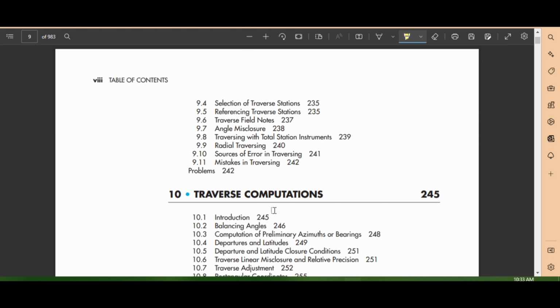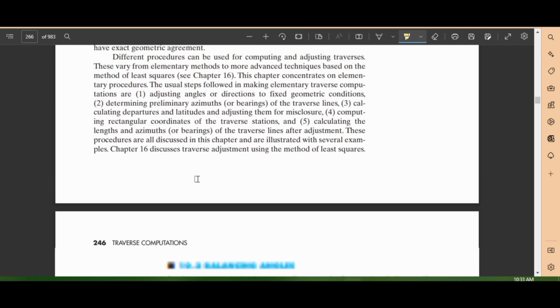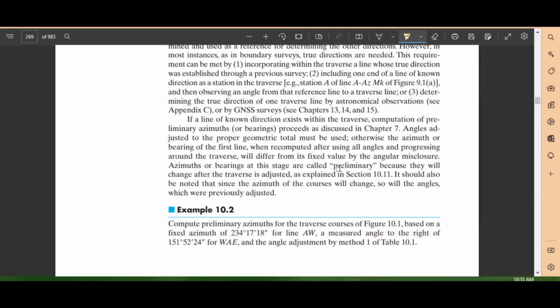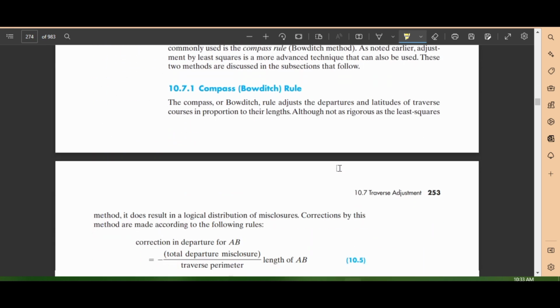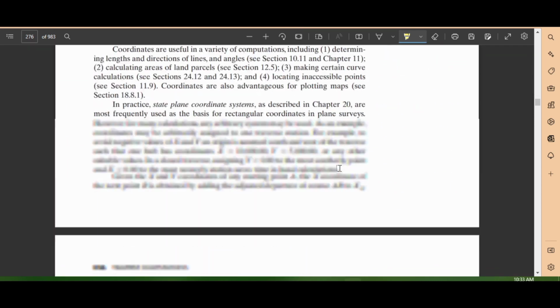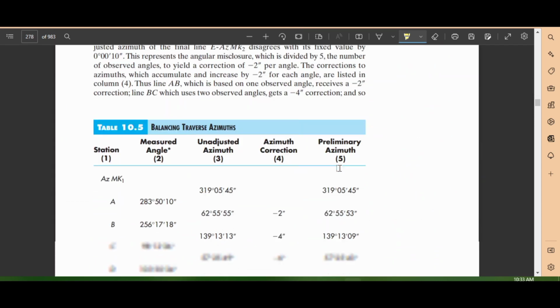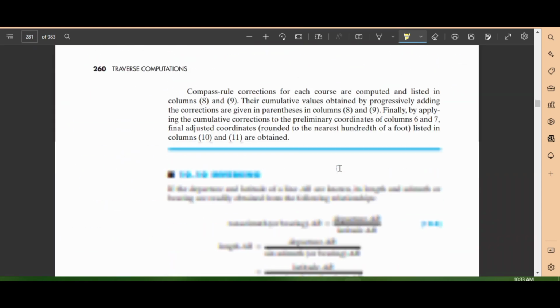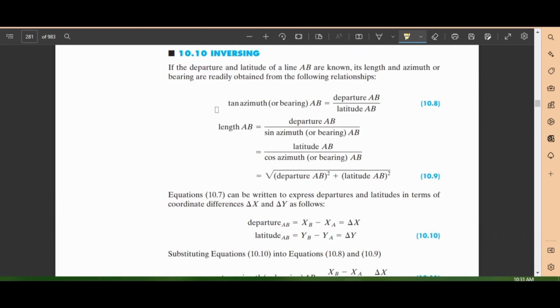This is a book you can download on the internet or find in the library. It shows a lot of examples and a little explanation of the formulas that I've applied in this section. So we are going to compare the length in order for us to get the eastings, which is the departure, or even the northings.